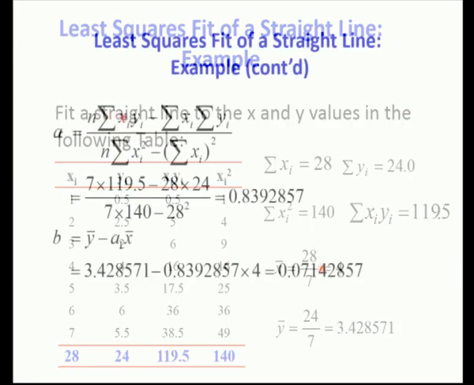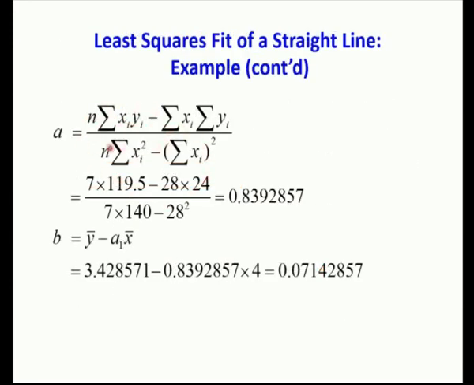So, now this will be the calculation for computing a, and this will be the calculation for computing b. I am getting a to be this number and b to be this number. So, the straight line fit is b plus a x, that is 0.07142857 plus 0.8392857 x. Basically, this is the linear fit for the given data points.